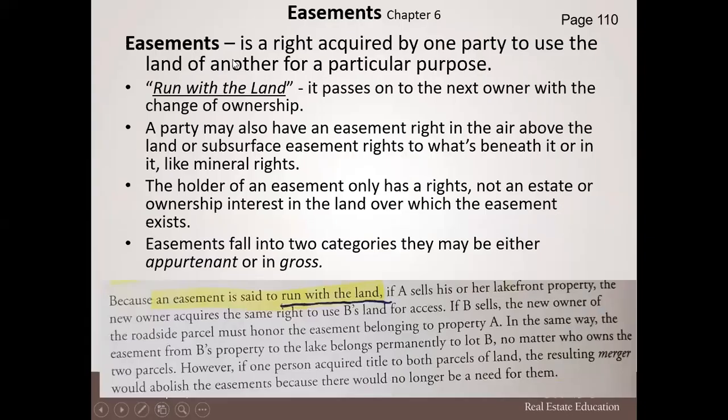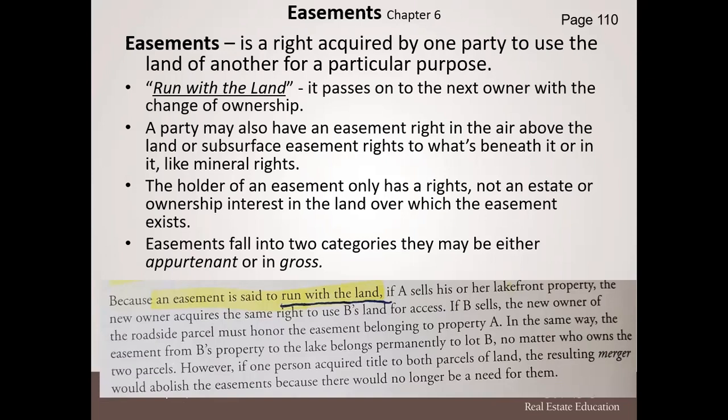All right, let's advance. So easements, once again, is the right acquired by one party to use the land of another for a particular purpose. Easements, when they're created, run with the land. So even if you sell the property, that easement right passes on to the next owner. They have the right to exercise that right because it ran with the land.